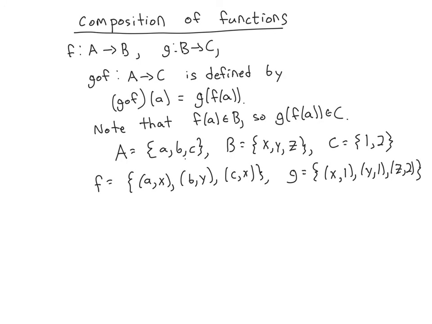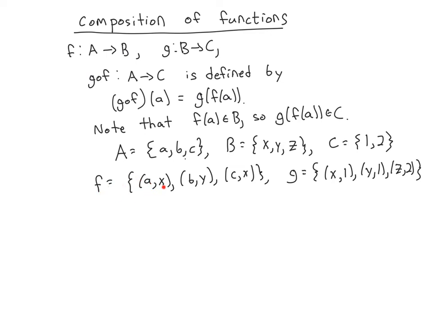As an example of composition of functions, let A be the set consisting of little a, little b, little c. Let B be the set consisting of little x, little y, little z. Let C consist of the numbers 1 and 2. Let's look at f defined as this function. Here I am actually writing it down explicitly in terms of ordered pairs.